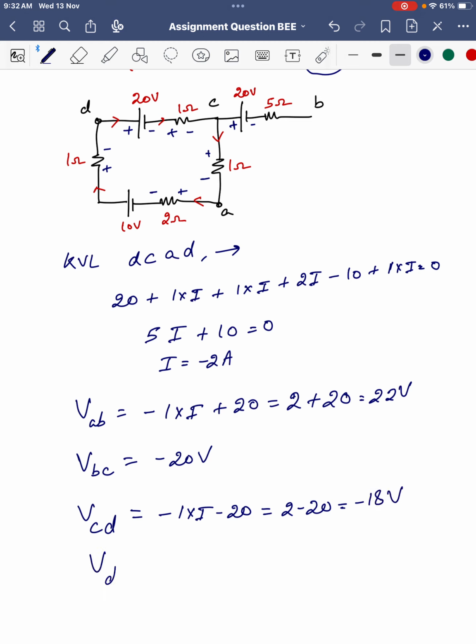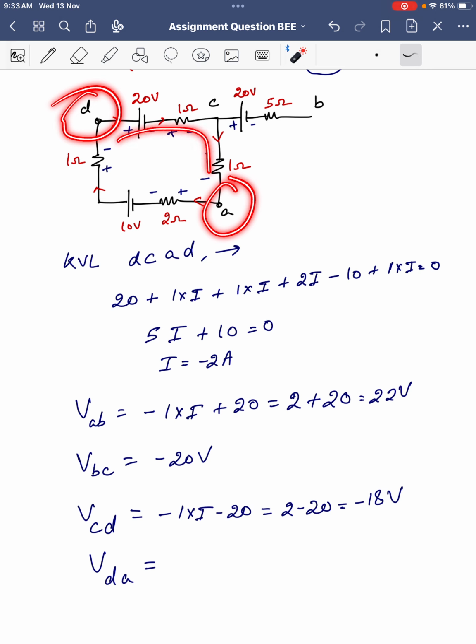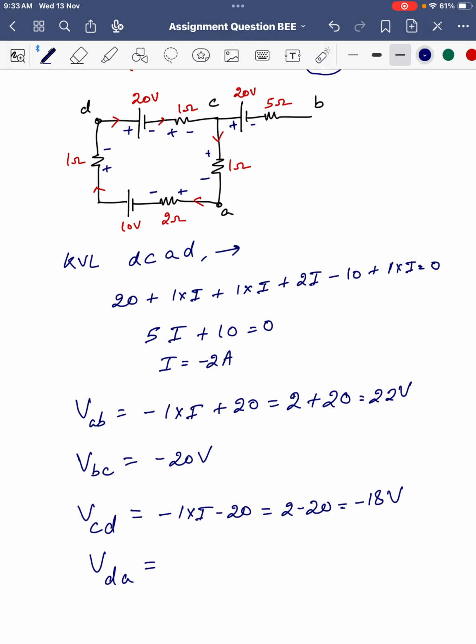And next is asked what is VDA. So D is here, A is here. So I can move in this way or I can move in this way, both are correct. So let us move in this way. So we get a minus I plus 10 minus 2I is equals to, since the current is negative, we get a value of here 2 to the 4, here 1, 5.